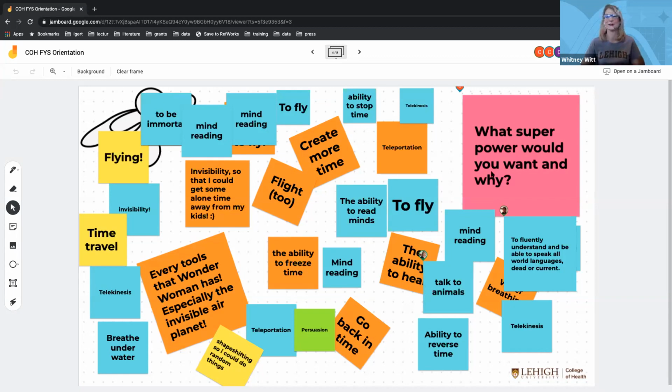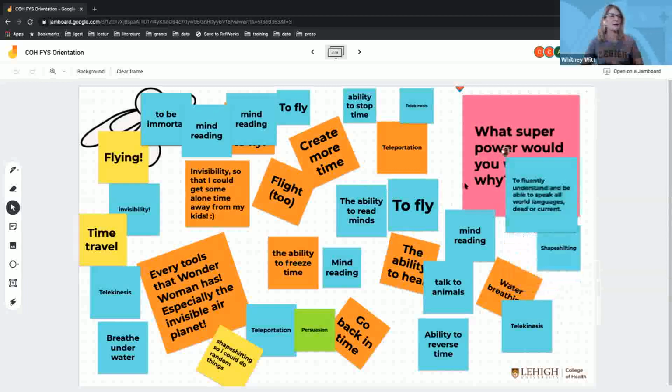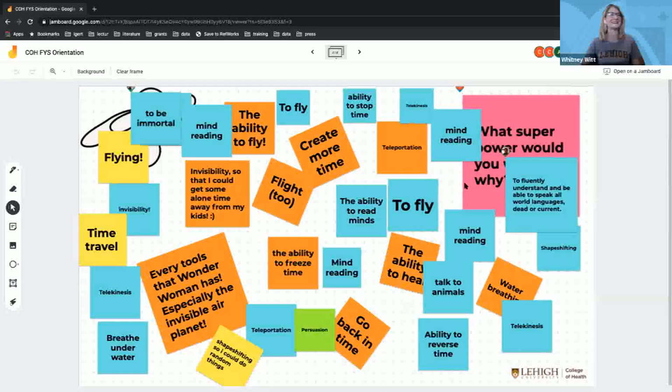That sounds like something I would like to do. The ability to stop time. I'm also seeing going back in time as something that would be of interest. And someone said every tool that Wonder Woman has, especially the invisible plane. So that's great. To be immortal. Shape shifting is a superpower someone said they would love to have.